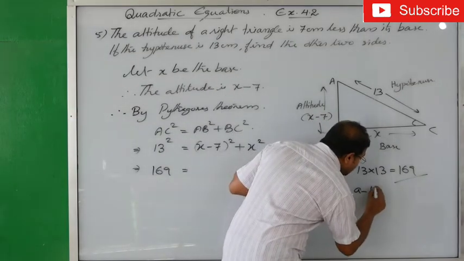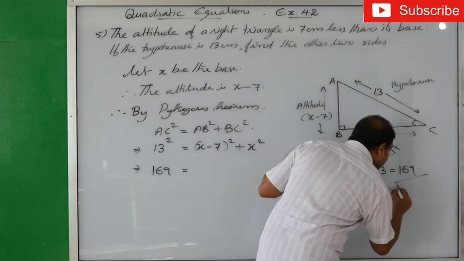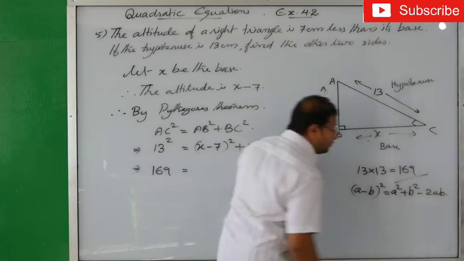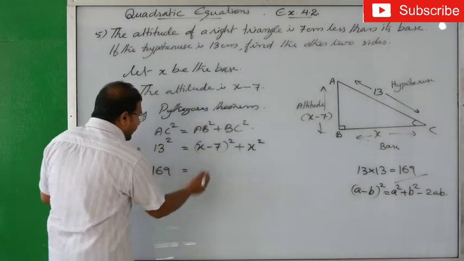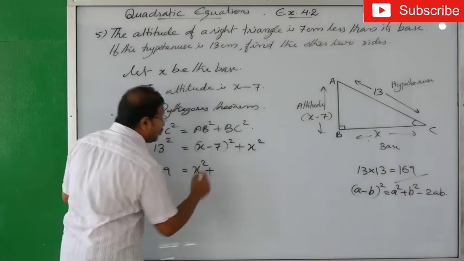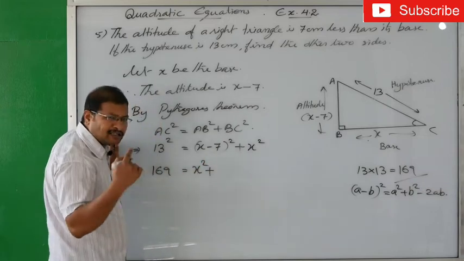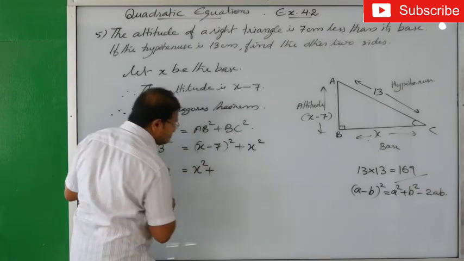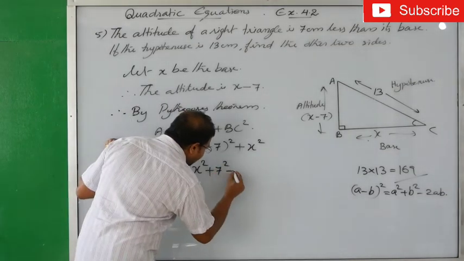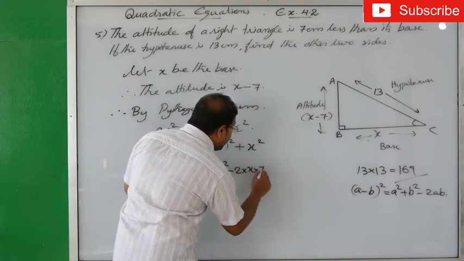What is (a minus b) the whole square? It means a square plus b square minus 2ab. So here, a square plus b square, the second one square: 7 square, minus 2 into a into b.